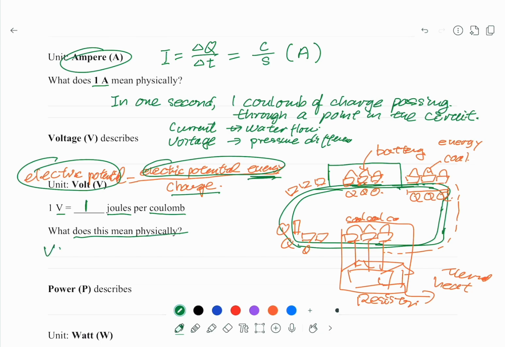I will say voltage tells us how much energy each coulomb carries.